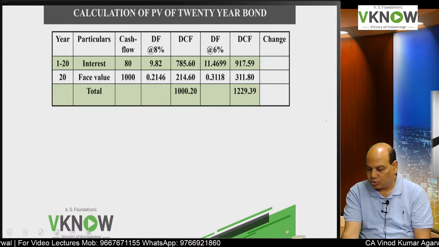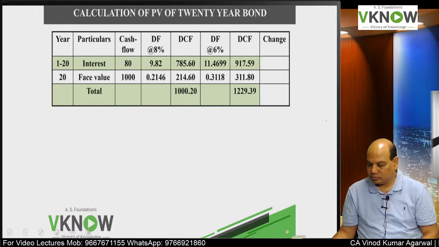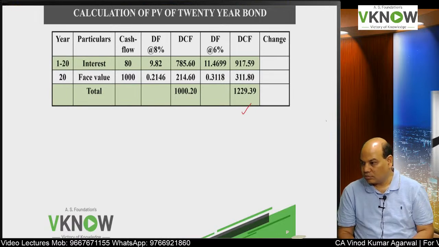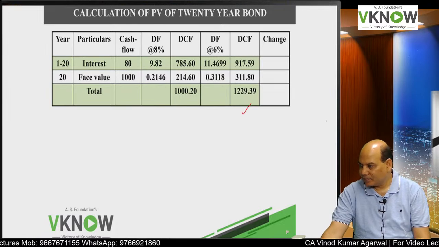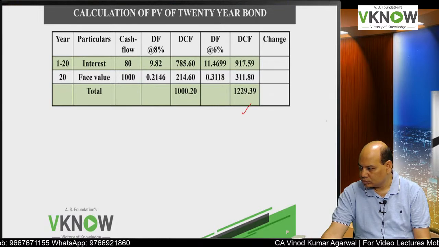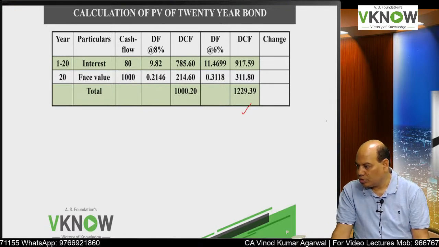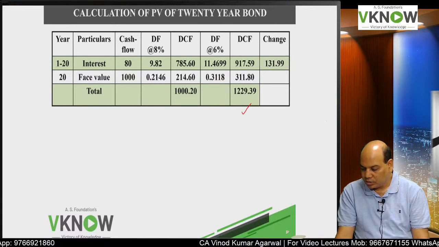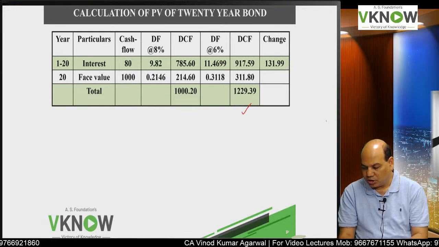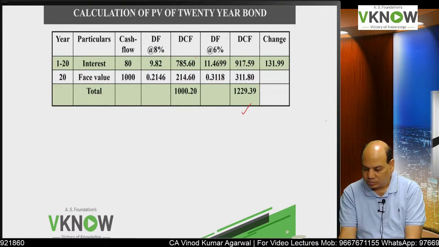Are you getting 1229.39? How many of you got this answer? Just say yes. 1229.39. Got it? Okay. So tell me the change in the interest portion now.